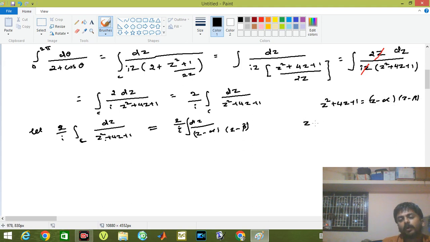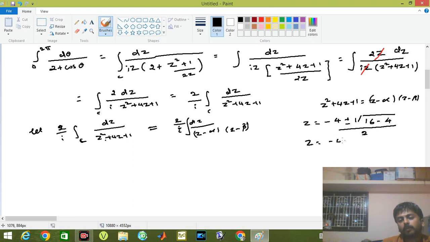I am going to evaluate this: z equal to minus b, that is minus 4, plus or minus root of b square, which is 16, minus 4ac, which is 4, divided by 2a, which is 2.